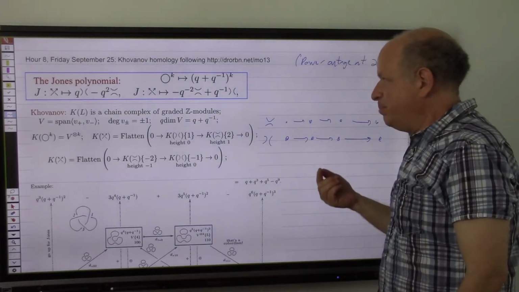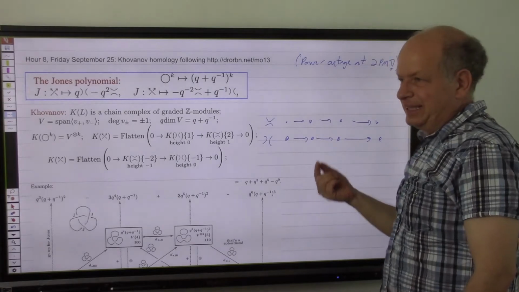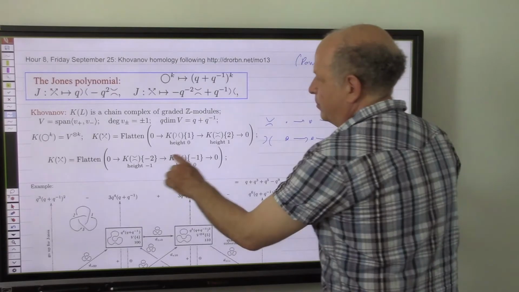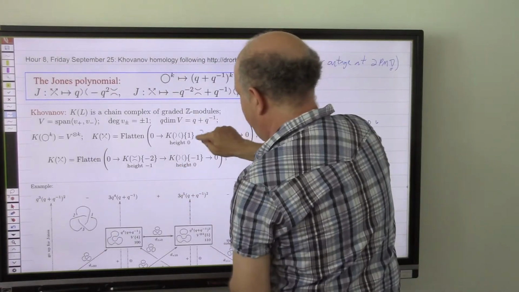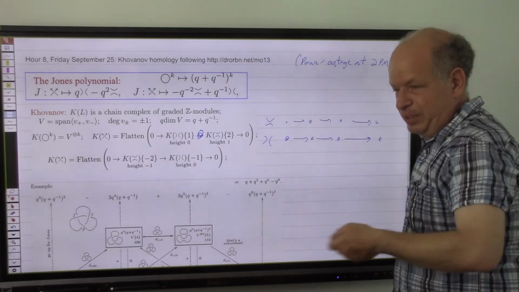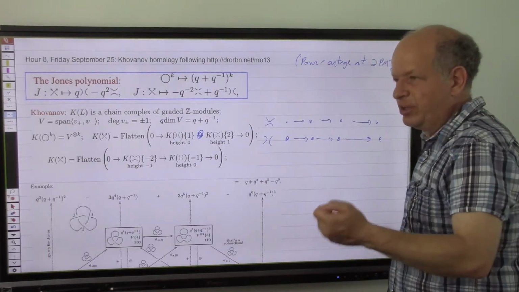Now, in between the two complexes, there will be a map. This is the map here, which in fact we are yet to define, but I already mentioned the ingredients that go into it, okay?